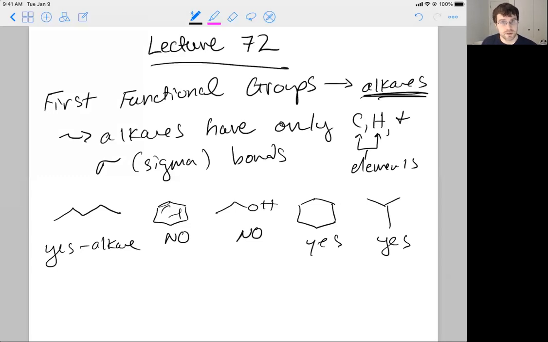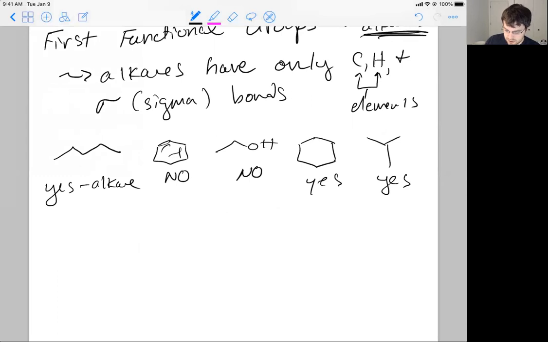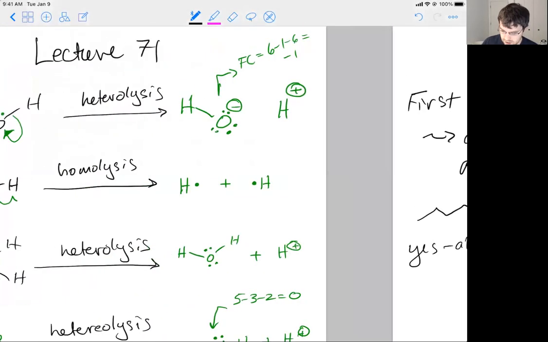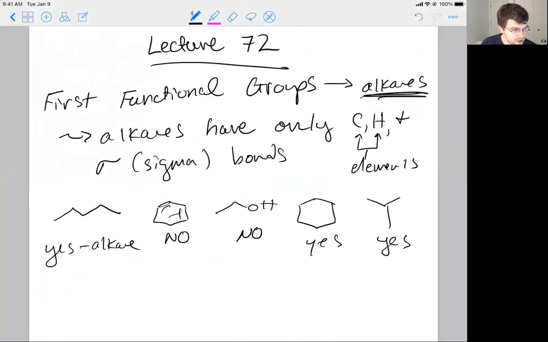What we're going to start the next module with are chemical properties of alkanes in more detail. I'll give you a little preview now. It's not overly dramatic as to what they do.